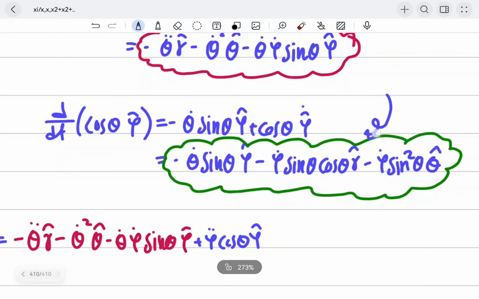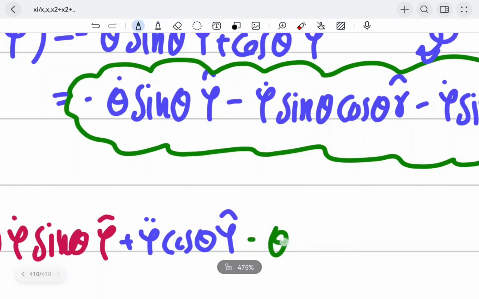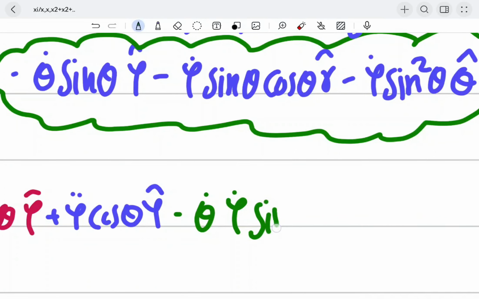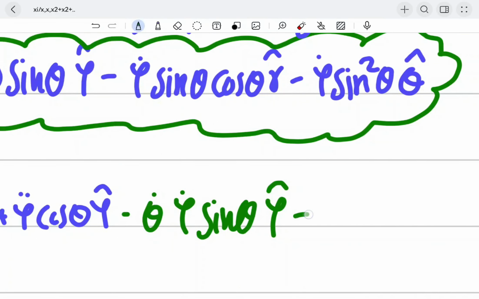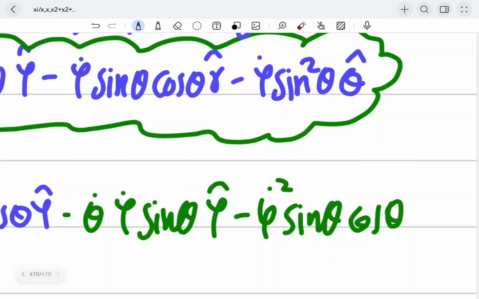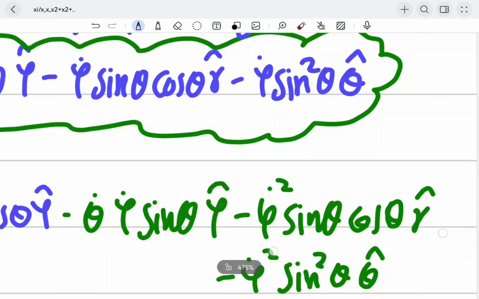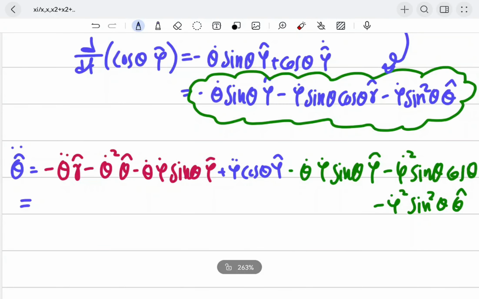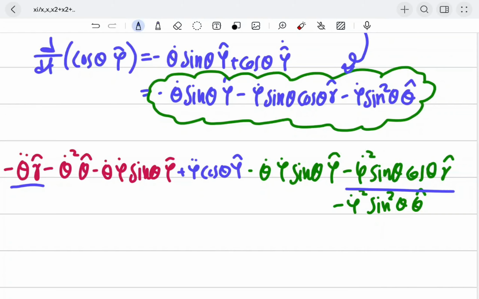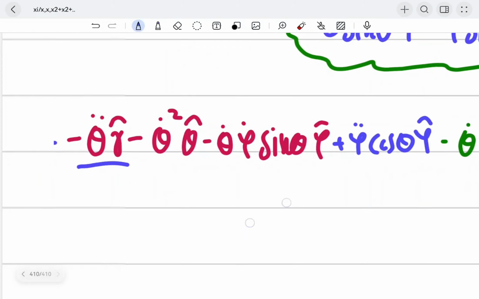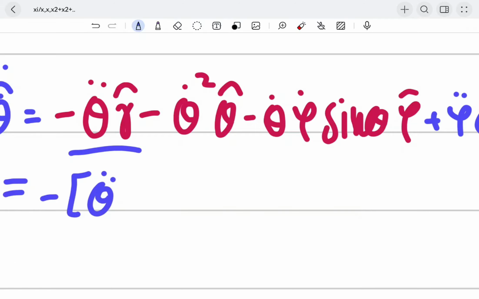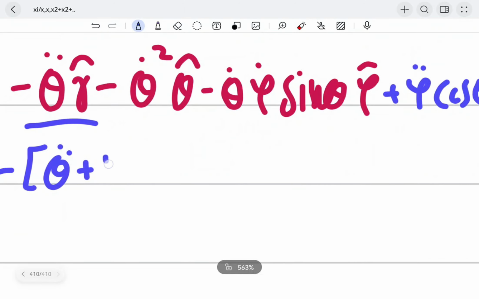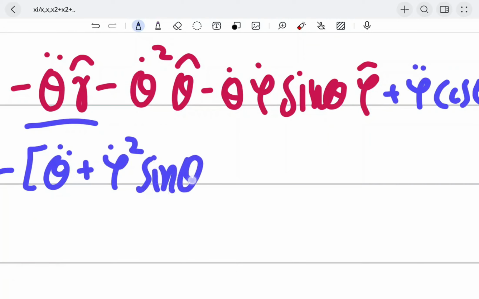So I take this multiplied by phi dot. For the r component: minus theta double dot minus phi dot square sine theta cosine theta, taking the minus as a common factor, minus theta double dot plus phi dot square sine theta cosine theta, r hat.